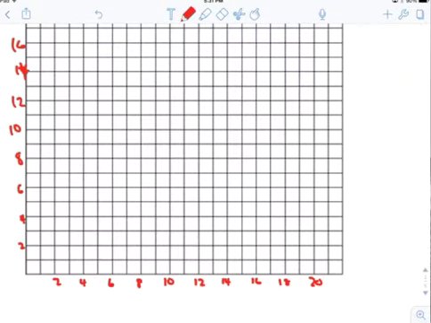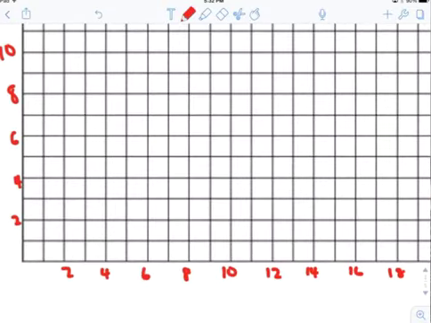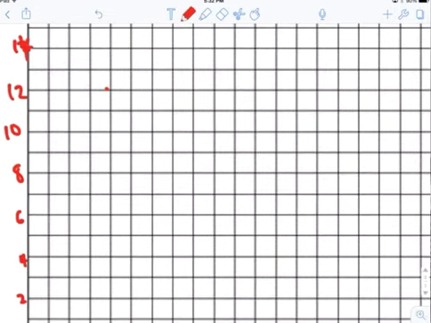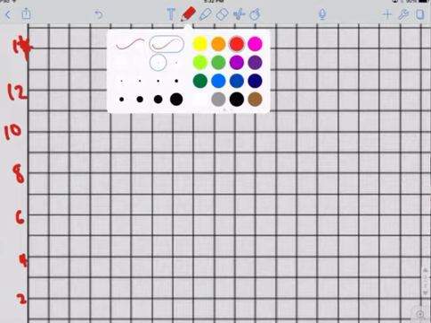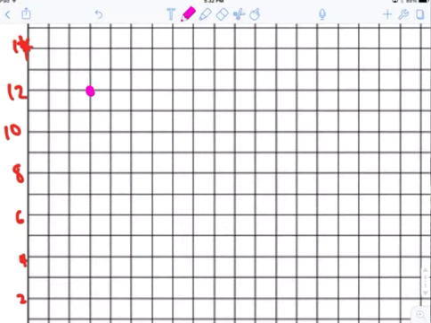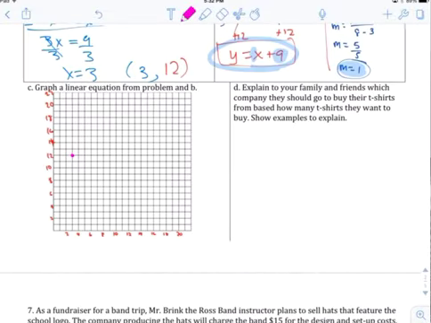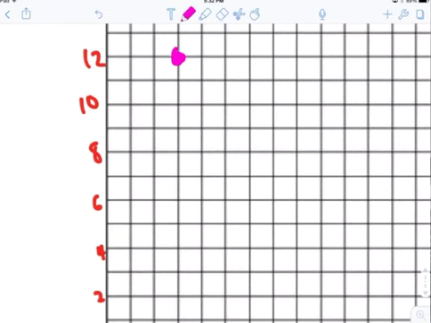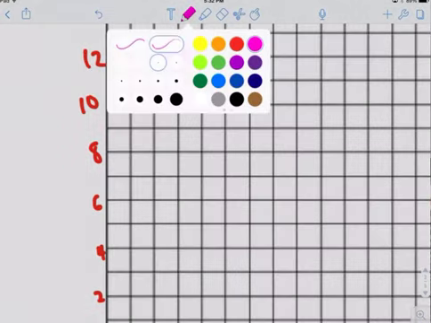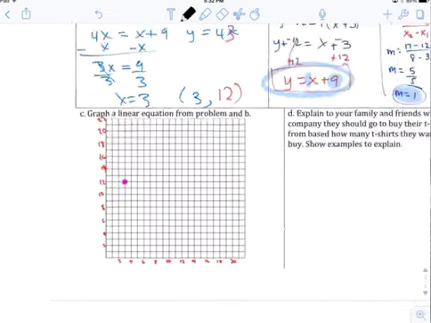So it's going to cross at (3, 12). Both lines are going to intersect right there. I'm going to give it a special color, pink. Yeah, shocking pink. (3, 12) right there. It's where the two lines will meet. Let's make it a nice bigger one.